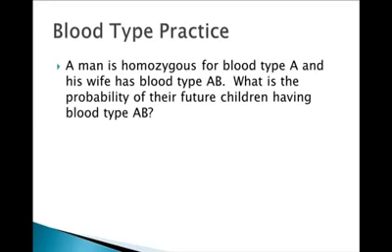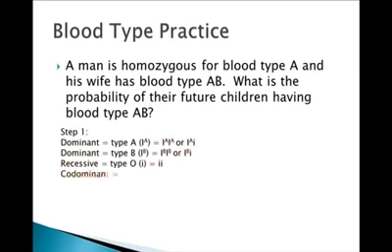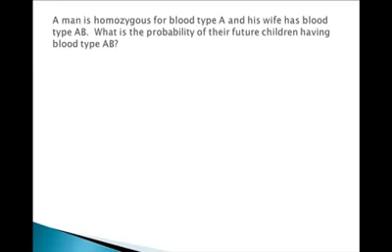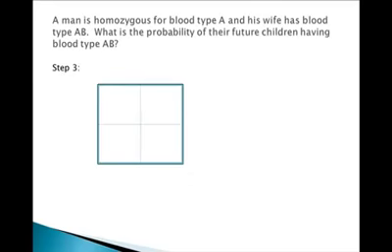Okay, so we write out the steps. Step 1. And then we say step 2, we're going to cross it so we know he's homozygous. So he's I^A I^A times I^A I^B. And we're going to set up that square. Put him across the top, put her across the side, bring those column headings down, bring the row headings across.